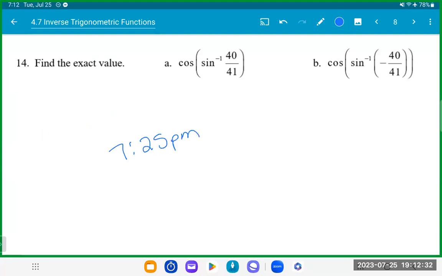Then we'll finish out this section and answer any questions. We have a few more slides to get through, which would take us past the 7:30 mark, so this would be a good place to pause. So we'll come back at 7:25.